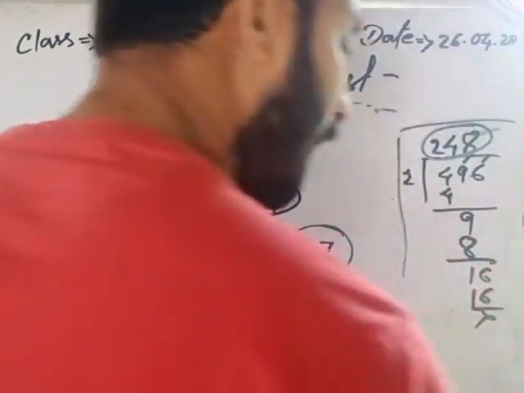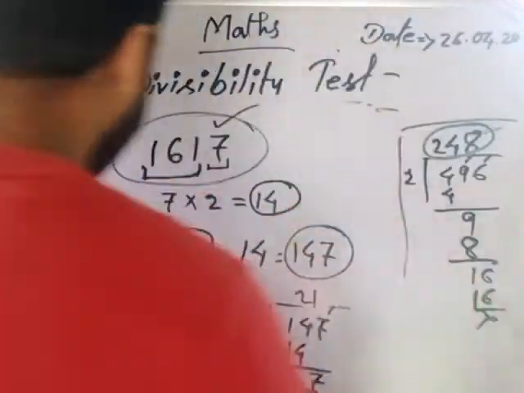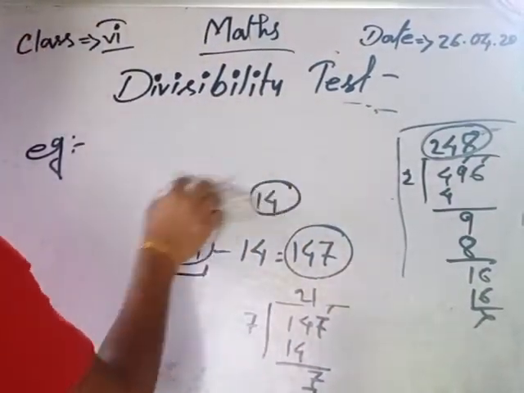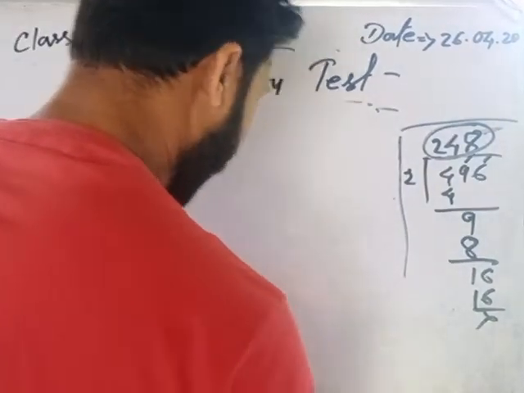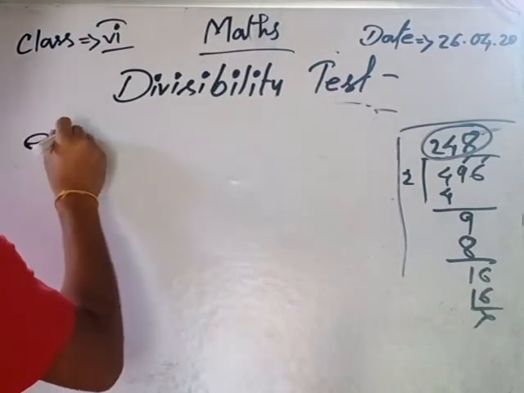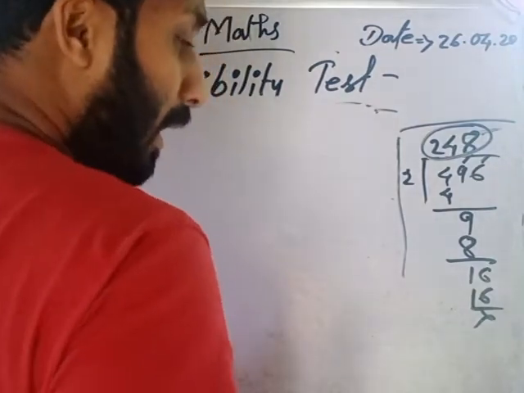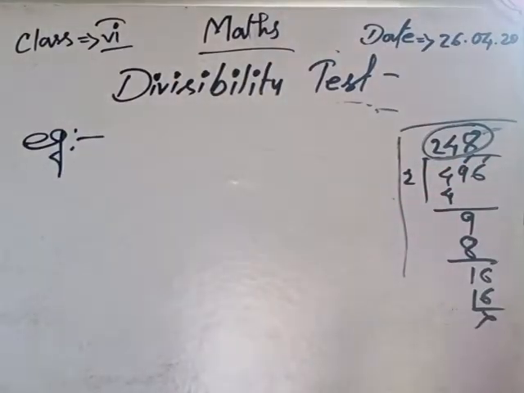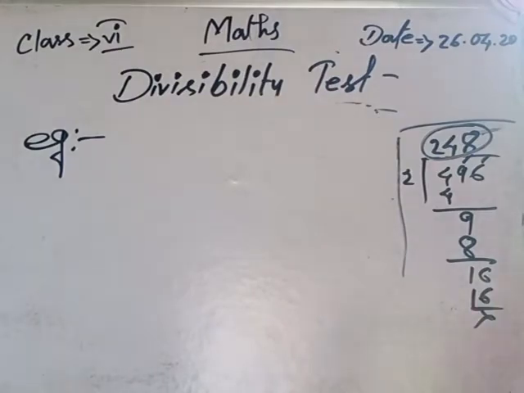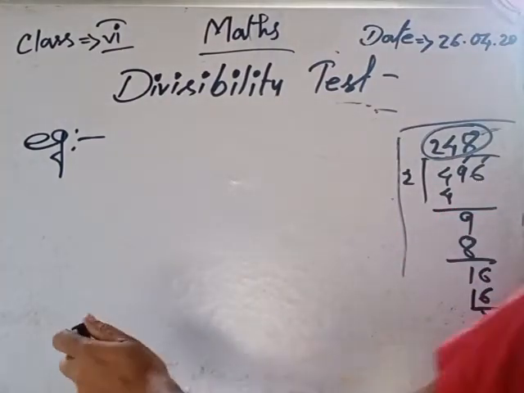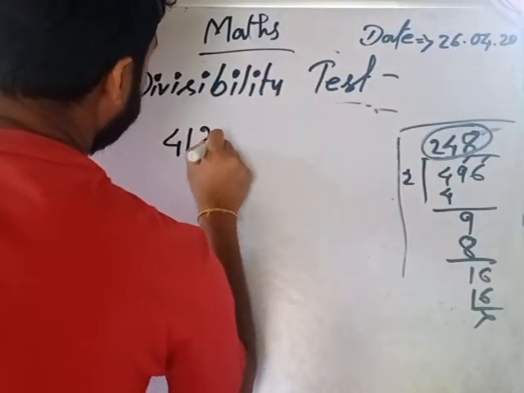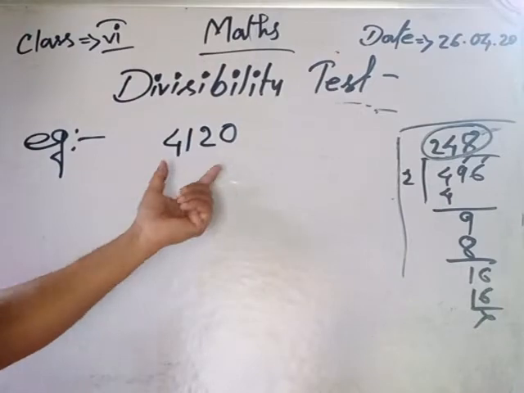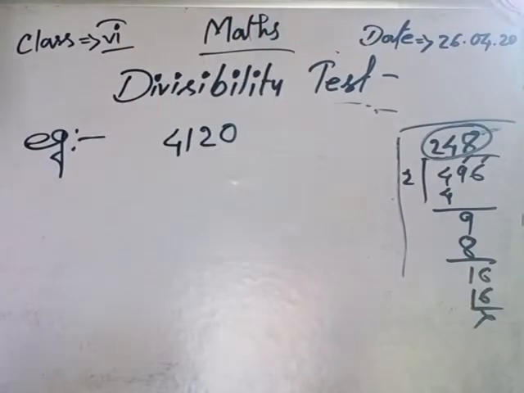After that we go to the next, 8. That means the last 3 digits, never forget it. If the number formed by the last 3 digits is divisible by 8, then this number is divisible by 8. Suppose it is 4120.